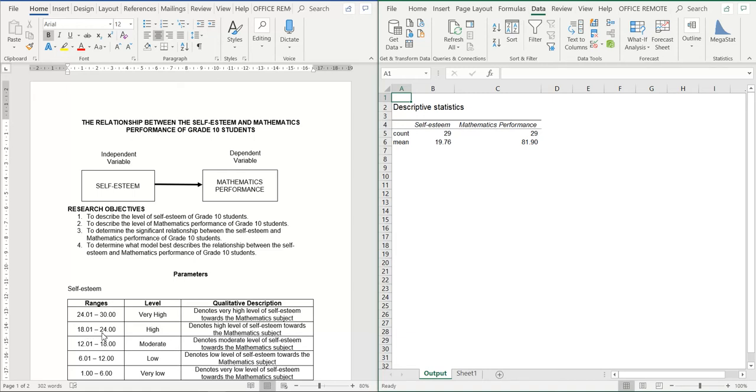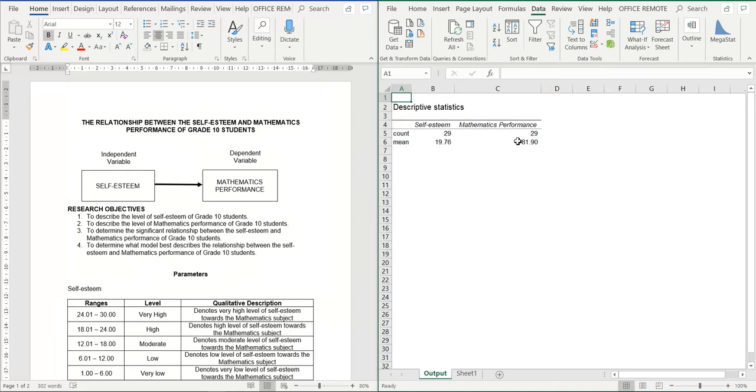The level of this self-esteem is high. Okay, so the respondent got a high level of self-esteem. This high level of self-esteem indicates that the student has high self-esteem towards mathematics subject.